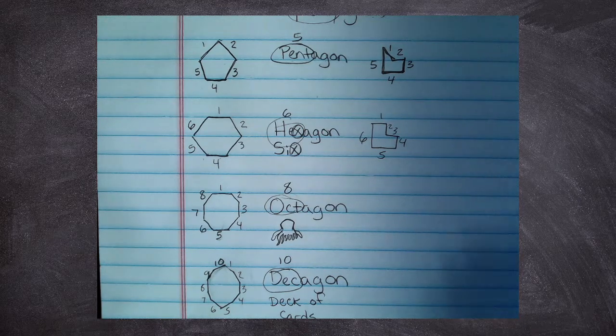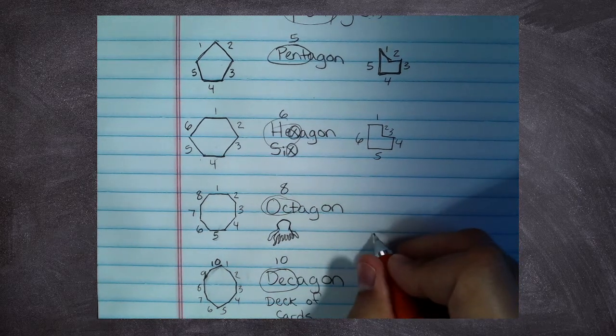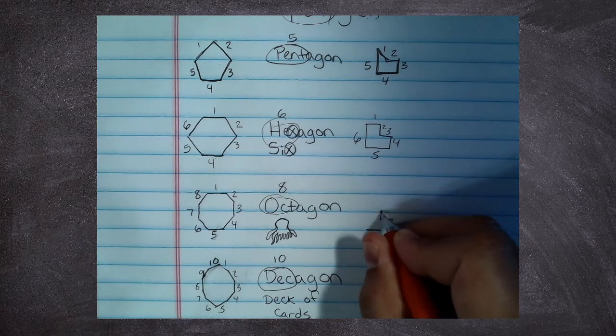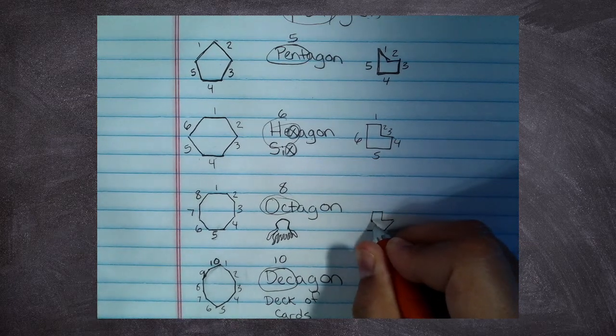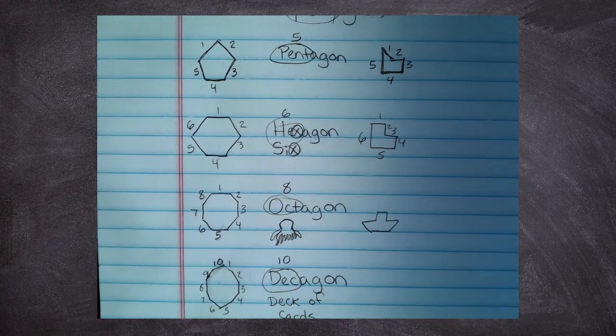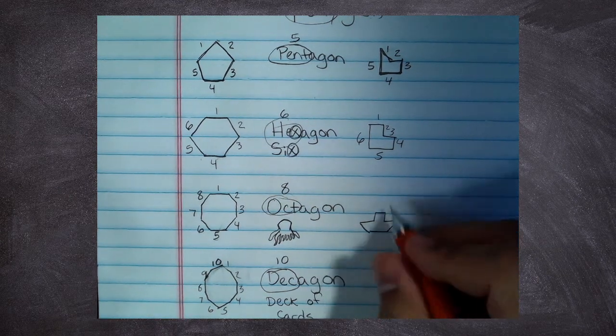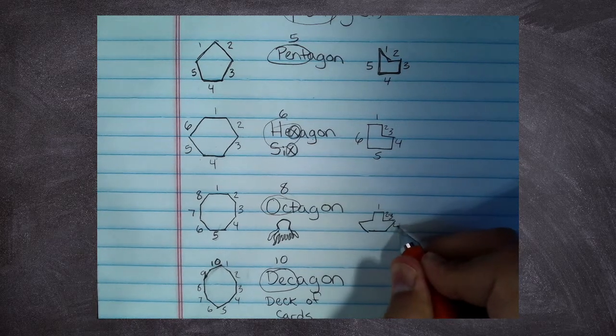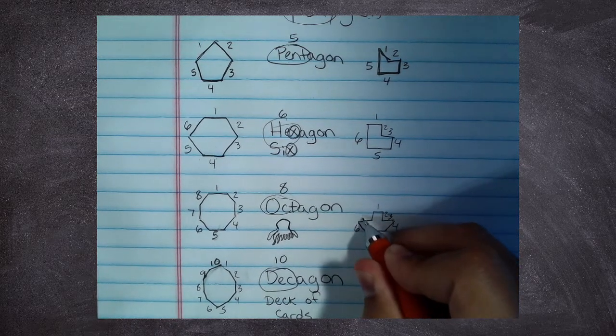Works for octagons too. Let's see. 1, 2, 3, 4, 5, 6, 7, 8. That's an octagon. There are no gaps or openings, and it has all the number of sides I need.